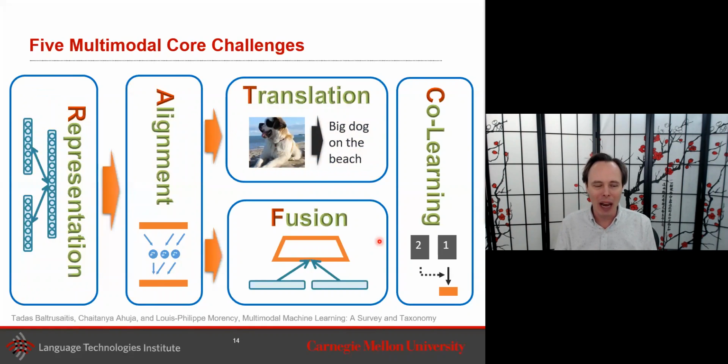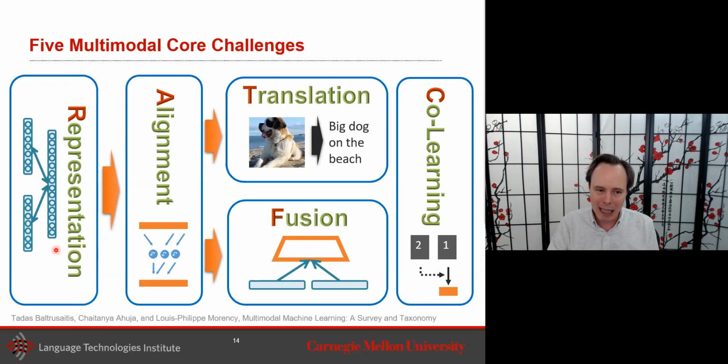We had those five challenges, and we looked at representation: joint representation and coordinated representations. We were not done with representation. GAN is also a way to learn representation, and we'll talk next lecture about variational autoencoders.